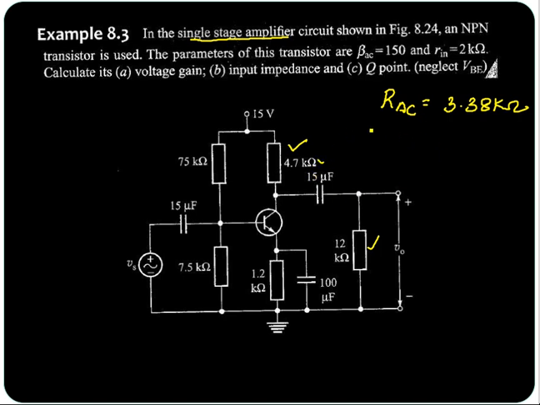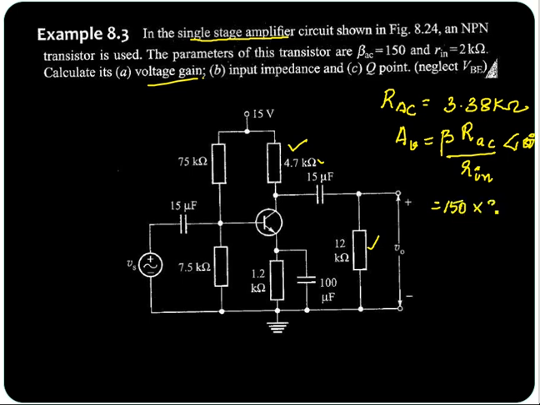What about the voltage gain? You are asked to find the voltage gain. What is voltage gain? AV. AV is equal to beta RAC by Rin, angle 180 degree, or HFE RAC by HIE, isn't it? So what is beta AC given? It is 150.